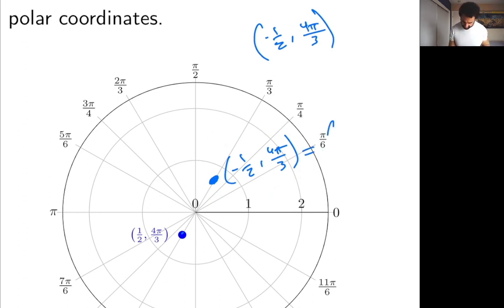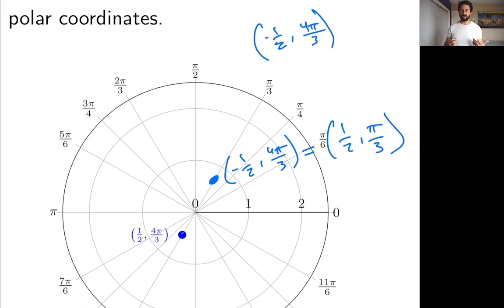So this point is equal to the point 1/2 comma pi over 3. And that's actually the relationship I had written on an earlier slide, up in the upper right-hand corner, right? It was like r comma theta equals negative r comma theta plus pi. And that's what this is. So every single point on the plane has infinitely many representations in polar coordinates.